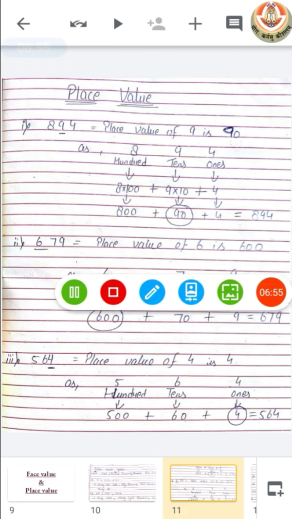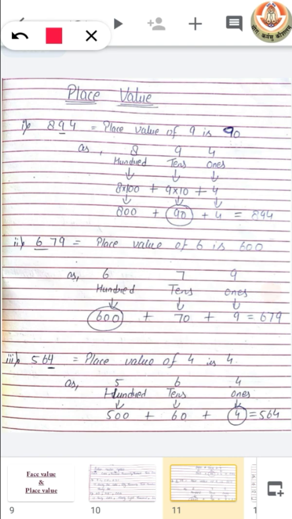Let's see place value more clearly. Now you can see here, in the case of 894, we have to find the place value of 9. So how can we find it? When we write 894 with its place values, 4 is in the ones place, 9 is in the tens place, and 8 is in the 100 place.